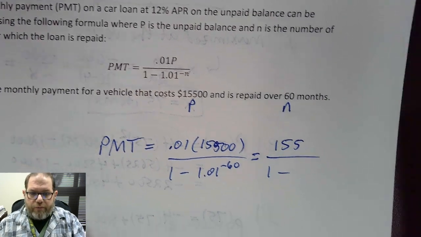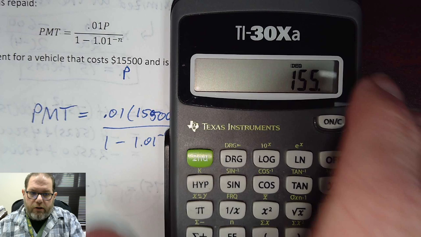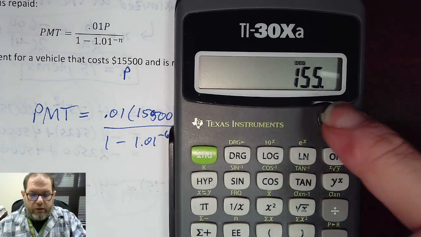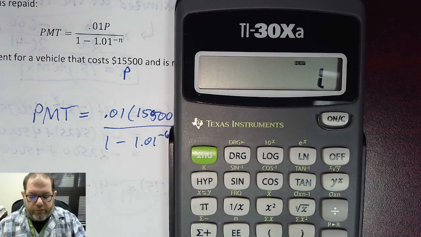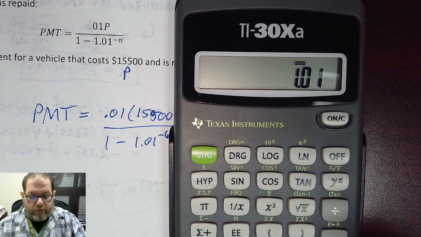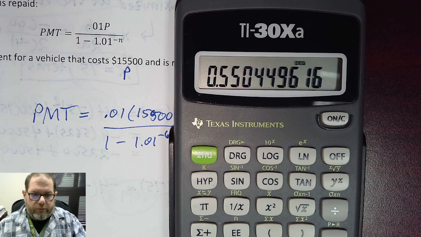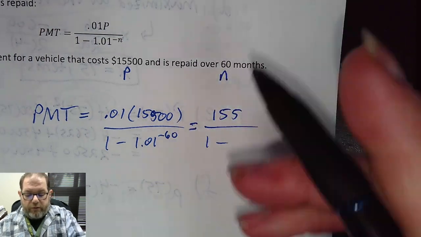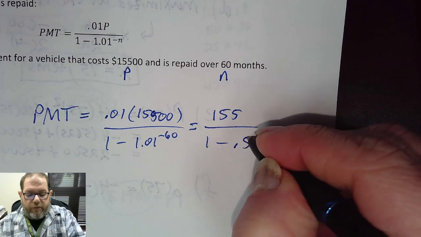That's the standard order of operations. So we'll take 1.01 and raise that to the negative 60 power. It looks like it's about 0.55. So I'm going to put down 0.55 here.